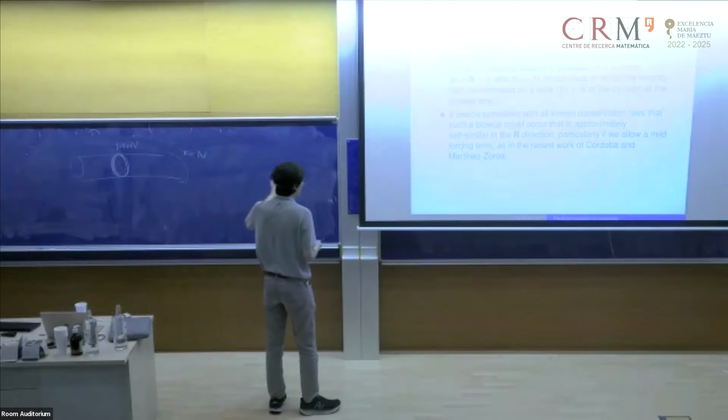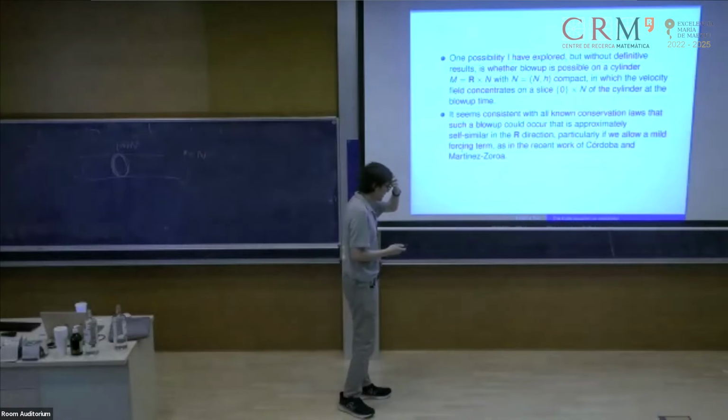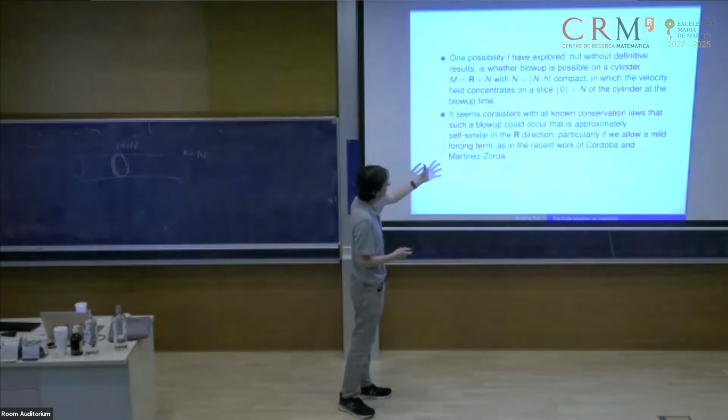I think that Cordoba and Martin's zero. So in R3, we're able to handle the small forcing term.